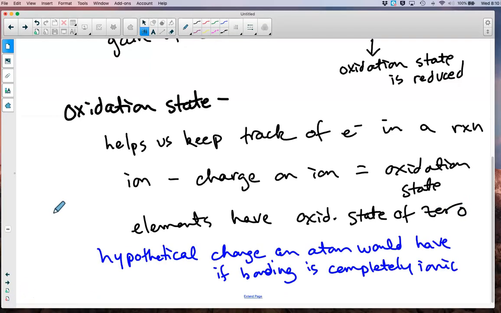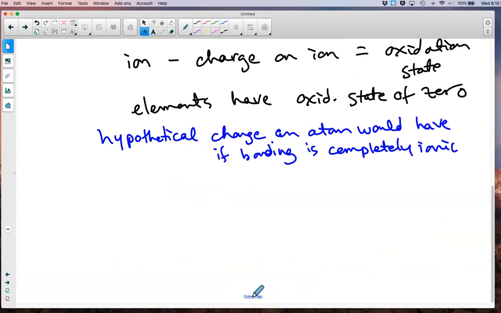Think about the oxidation state as the hypothetical charge an atom would have in a compound if the bonding is completely ionic. So, for example, in sodium chloride, it's pretty straightforward. The sodium has a +1 charge, and the chlorine has a -1 charge, because that really is those charges. They are ions, and that's their oxidation states.